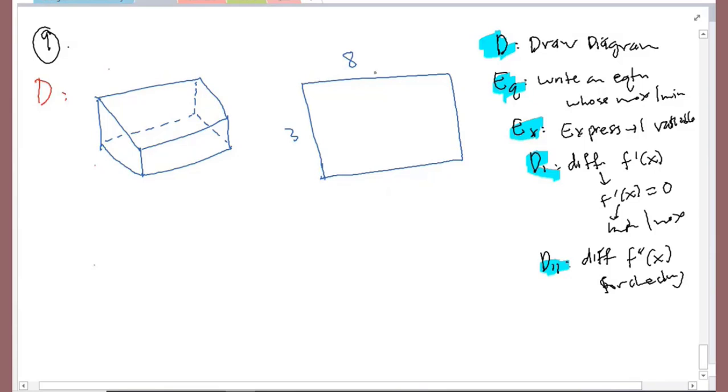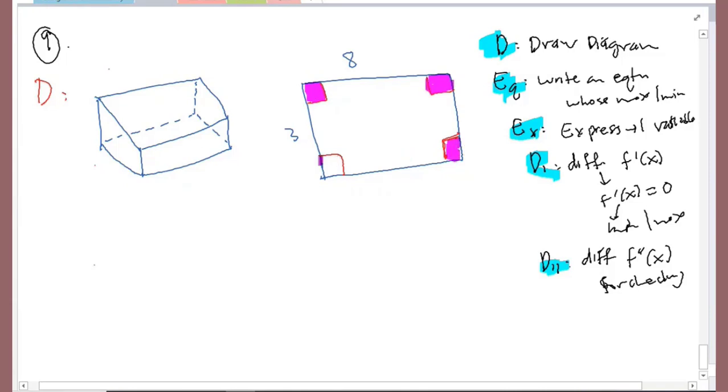Can you imagine a piece of cardboard you want to form into a box? Of course you need to cut at the corner. Cut every corner; this is actually a square.